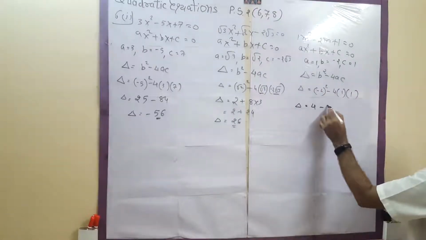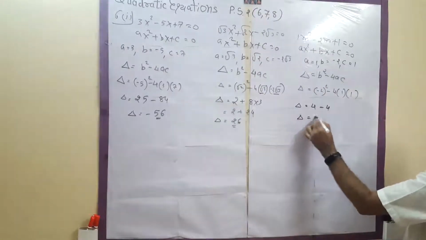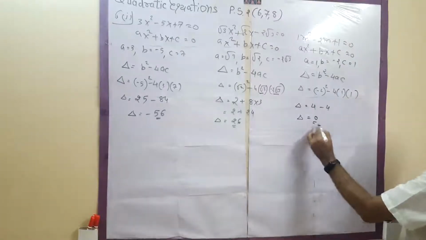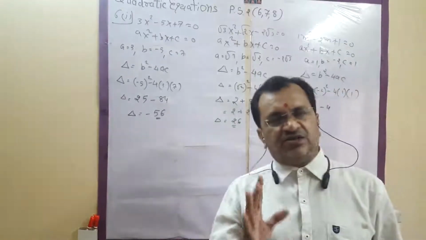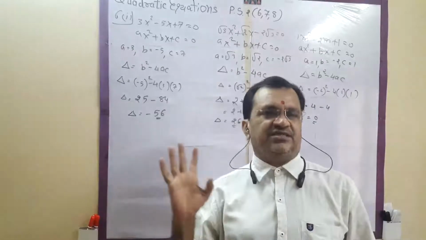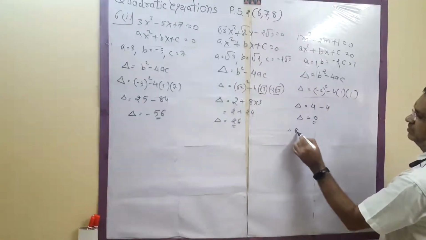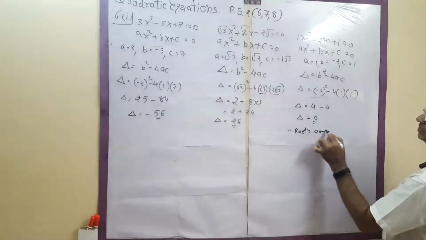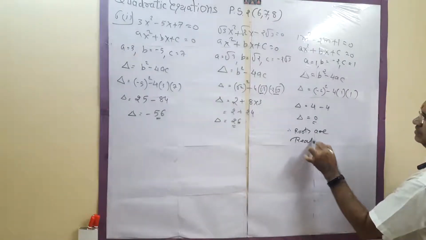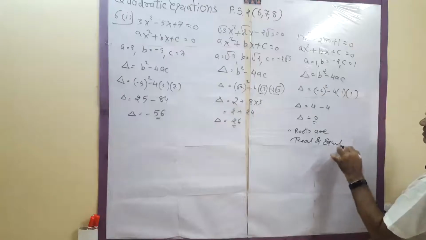We are getting all types of answers: exactly 0, more than 0, less than 0. So when it is exactly 0, the roots are real and equal.